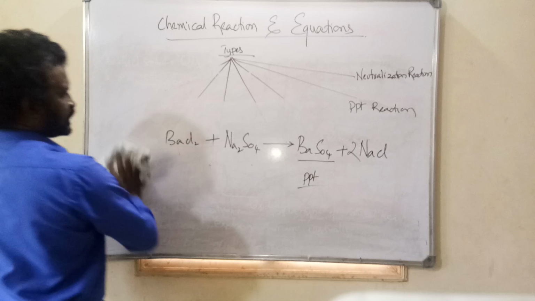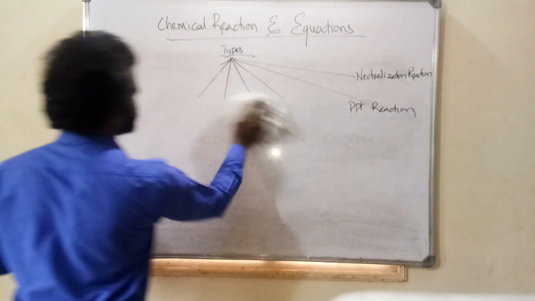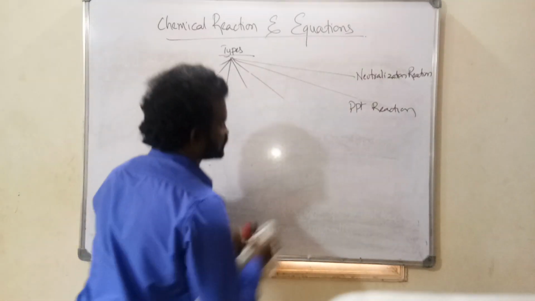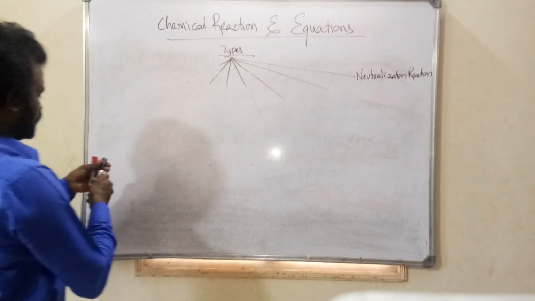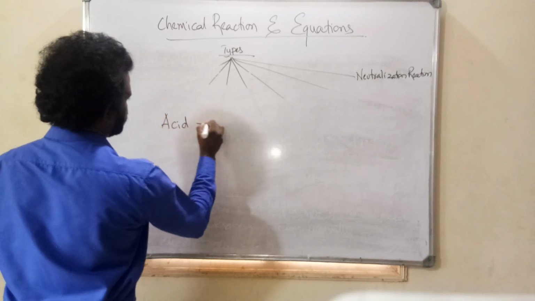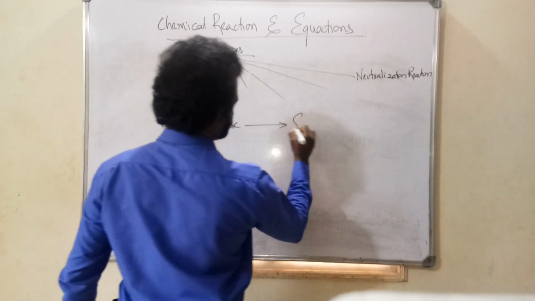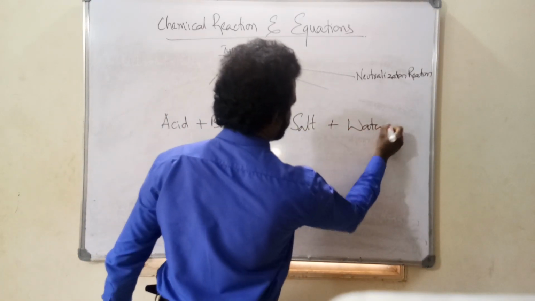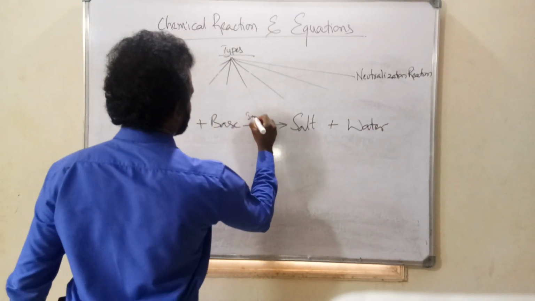What is a neutralization reaction? A neutralization reaction is a type of chemical reaction in which an acid reacts with a base and forms salt and water, with the help of an indicator.